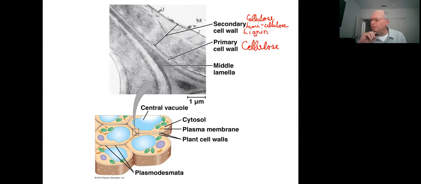Now, those are the components of the secondary cell wall. Then the glue that holds them together is the middle lamella, and that's made up of a substance called pectin. And some of you may recognize the name pectin. This is the material that you use if you want to make homemade jellies and preserves and jams.